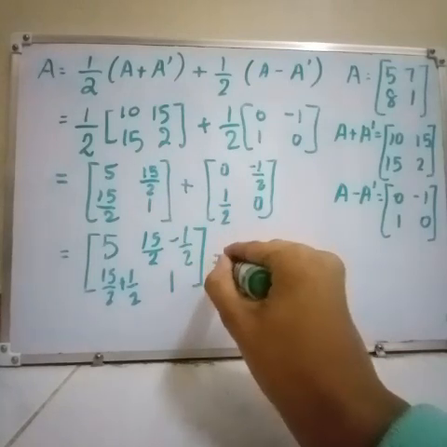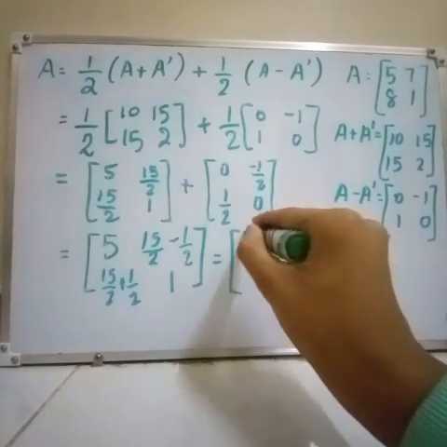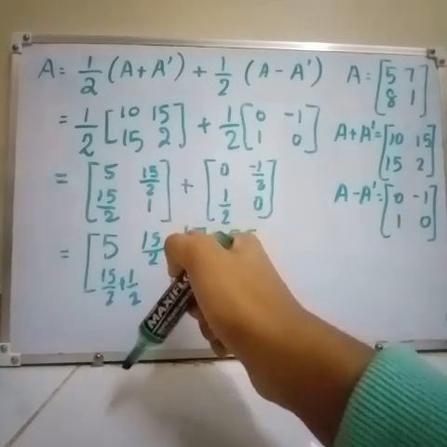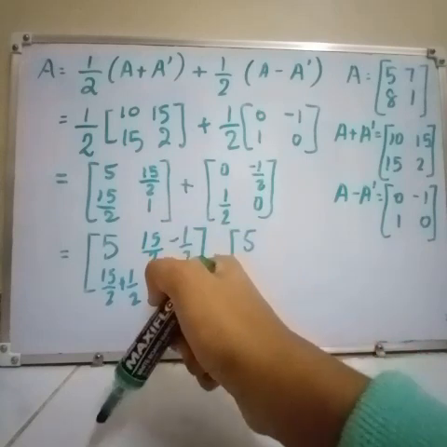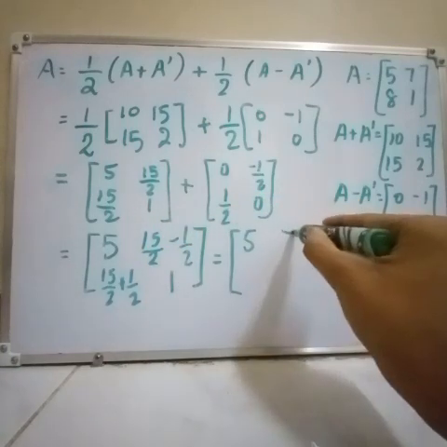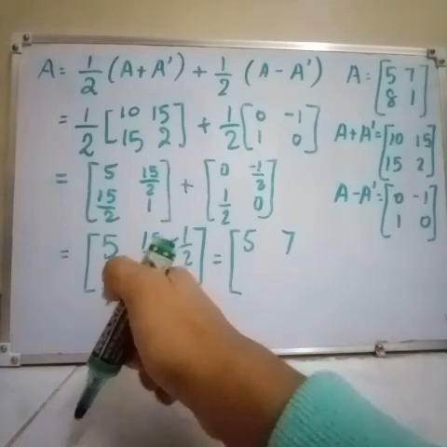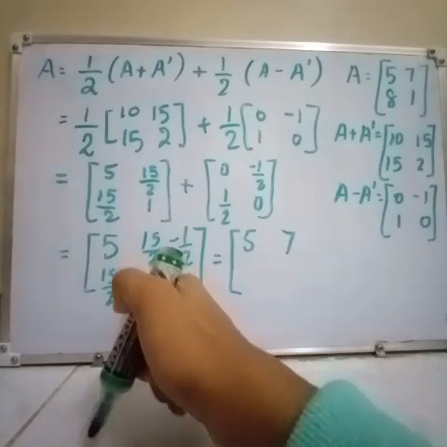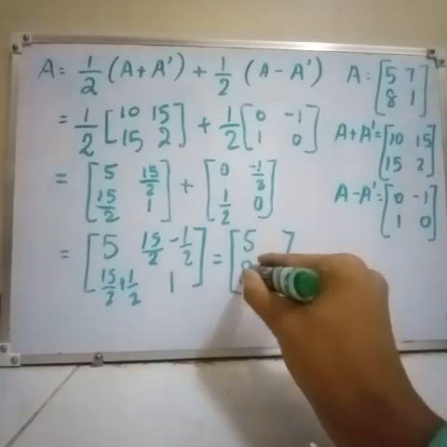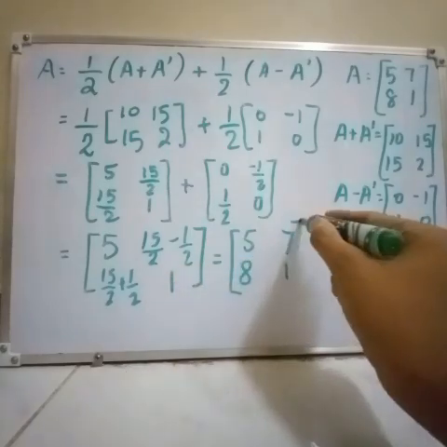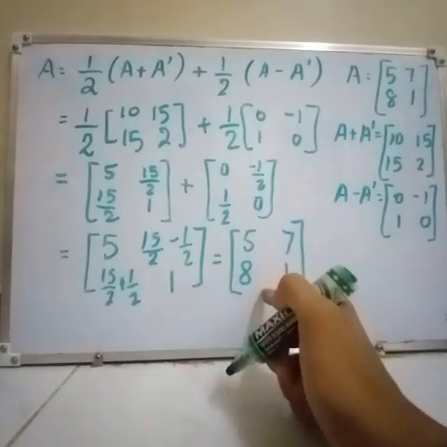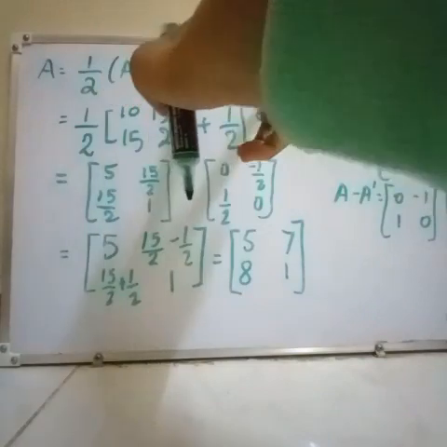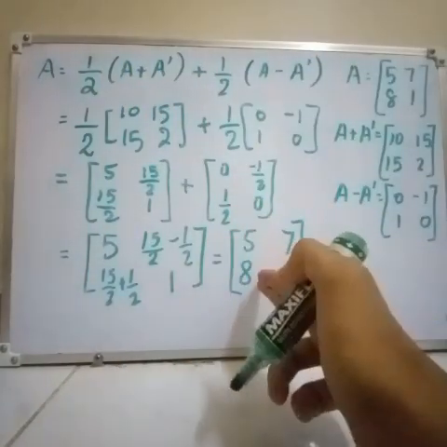Now let's simplify. 5, 15 minus 1 is 14, and 14 by 2 is 7. Then 15 plus 1 is 16, and 16 by 2 is 8, and finally 1. So this is the answer. This is the right hand side, which we already did, and we got this as the answer.